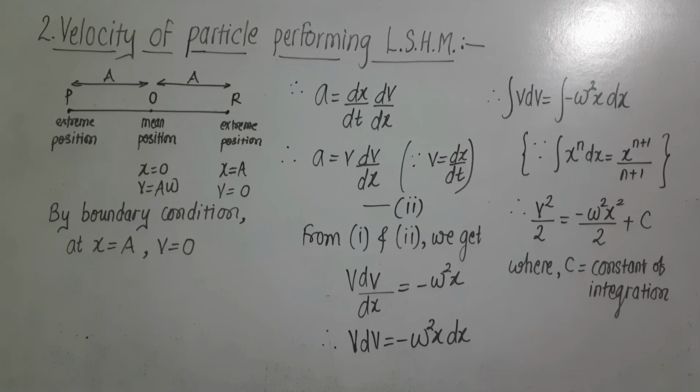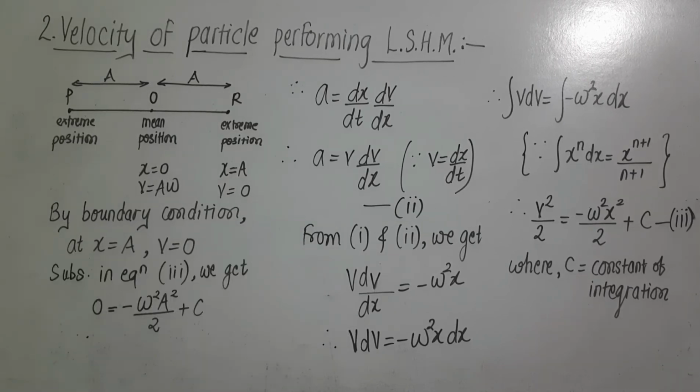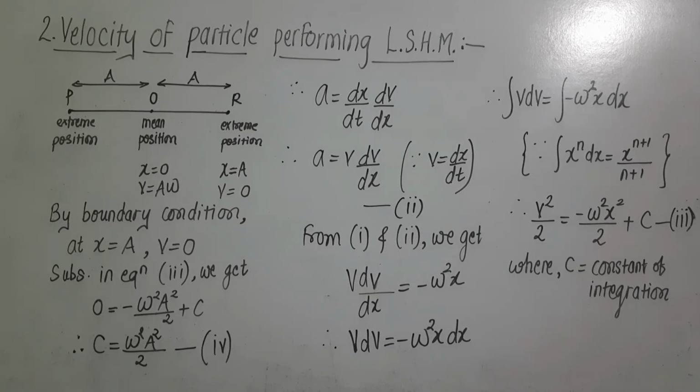At this extreme position, the velocity of the particle becomes 0. So substitute these values in equation 3. From equation 3 we get 0 is equal to minus omega square a square upon 2 plus c. Therefore c is equal to omega square a square upon 2. Let this be equation 4.